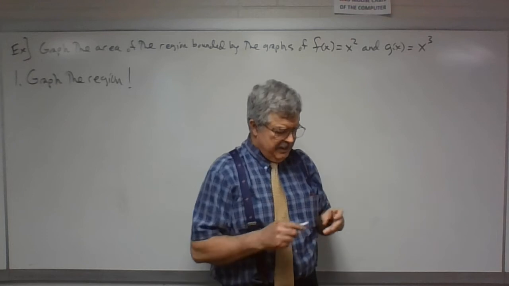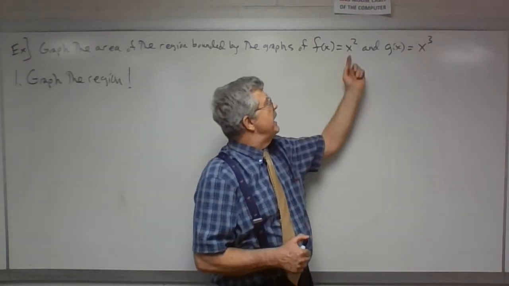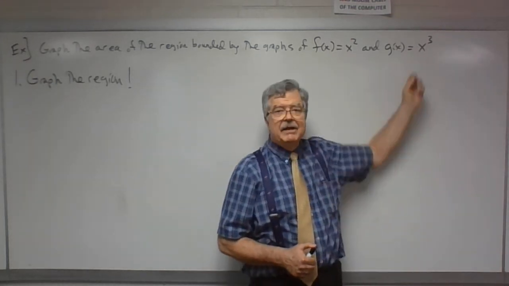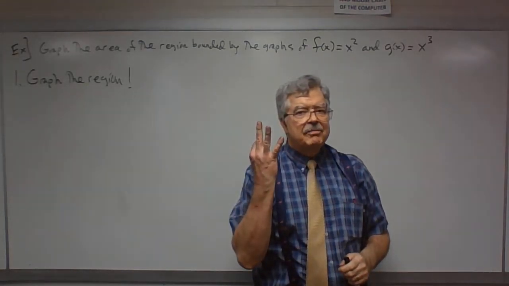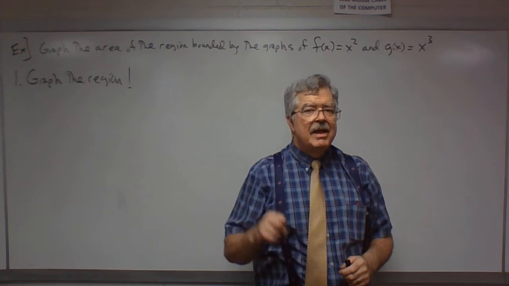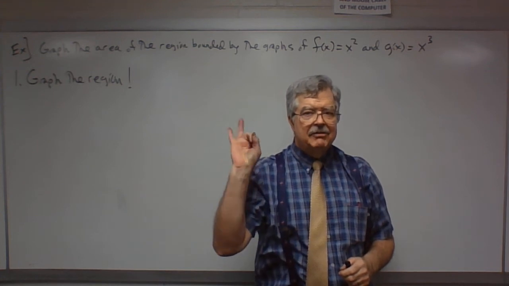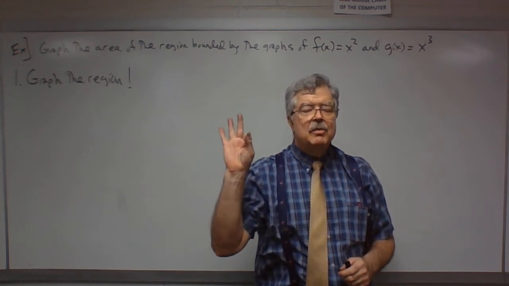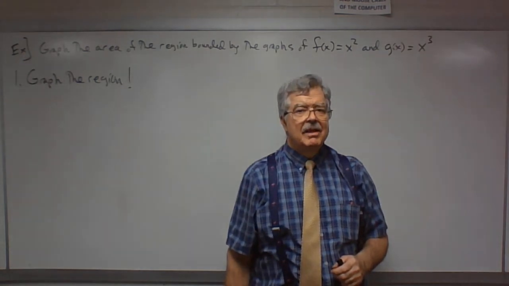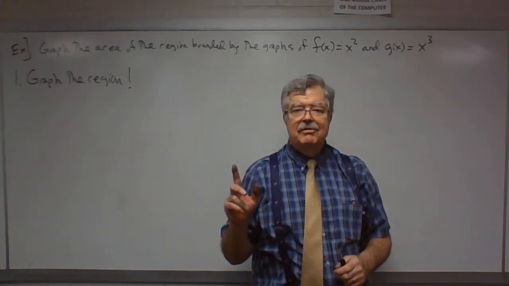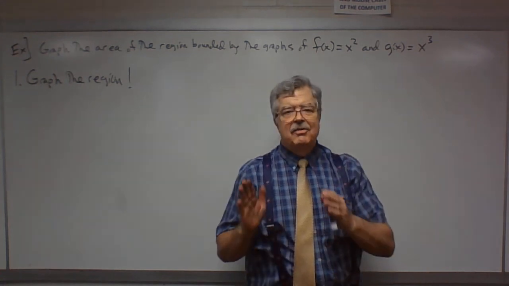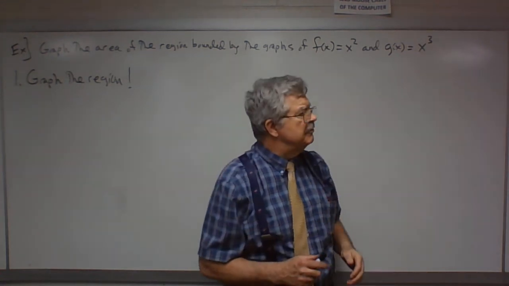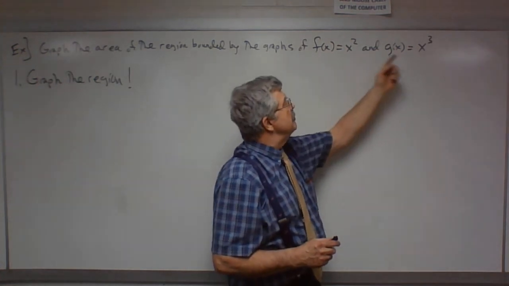And here's what I think. Since we're graphing x to a power and x to a power, we need to take those three special values of x equal negative 1, x equal 0, x equal positive 1, and plot the points of the graphs for those points in particular. Those are always very special points in graphing x to a power.